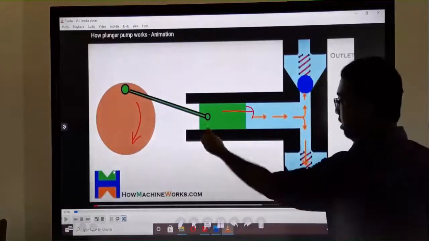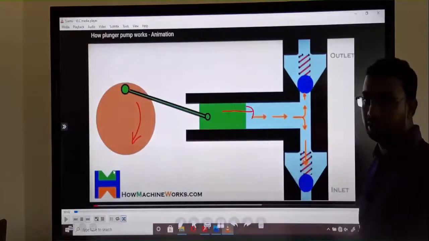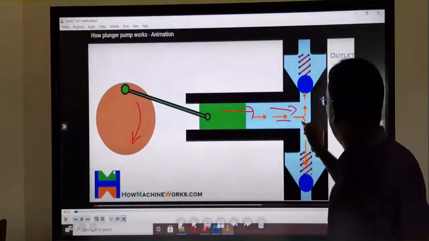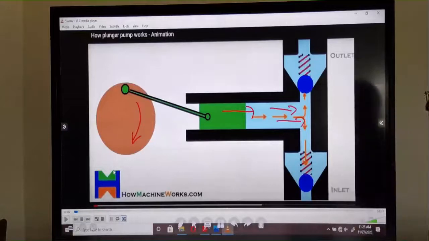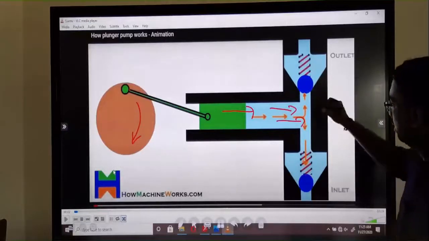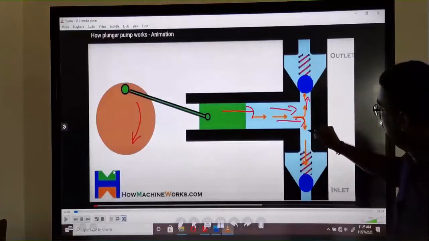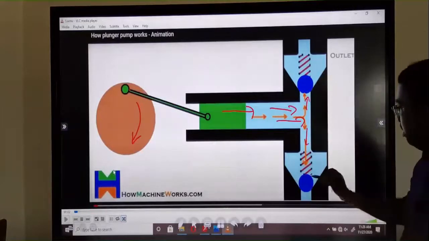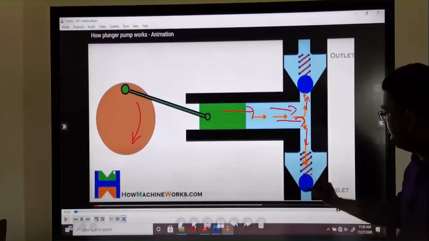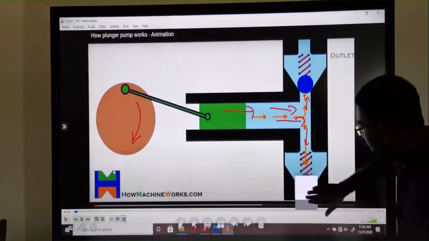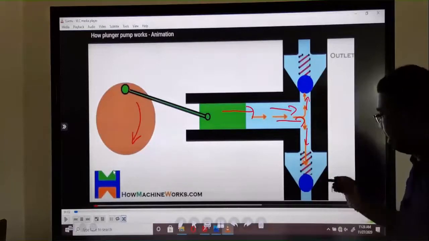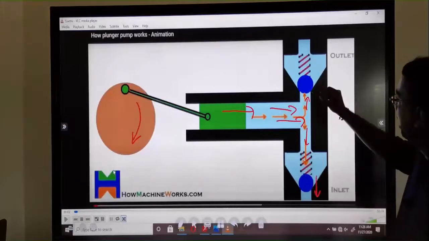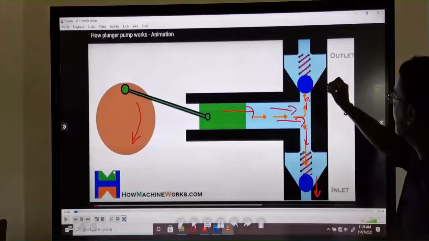What will happen if the wheel is rotated like this? The plunger is moving upwards and downwards. When upwards, there is a force or pressure applied in this direction. So this valve touches this area and cannot move this way, because the resistance is high here.